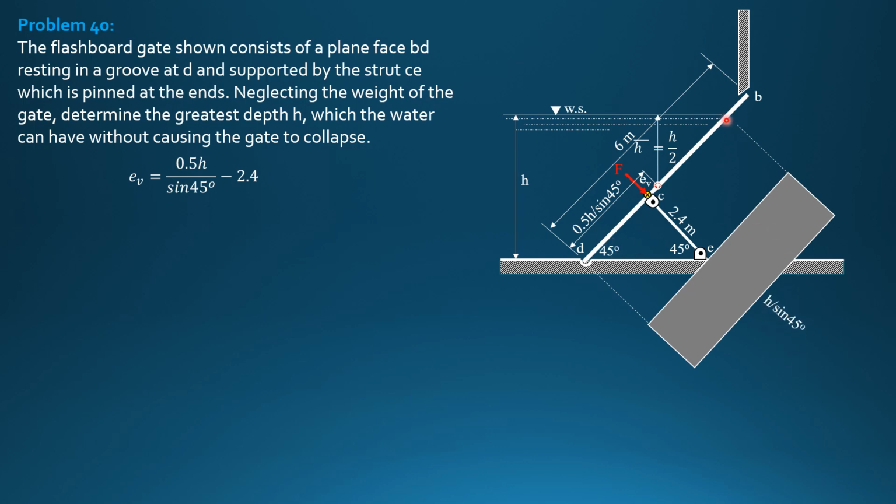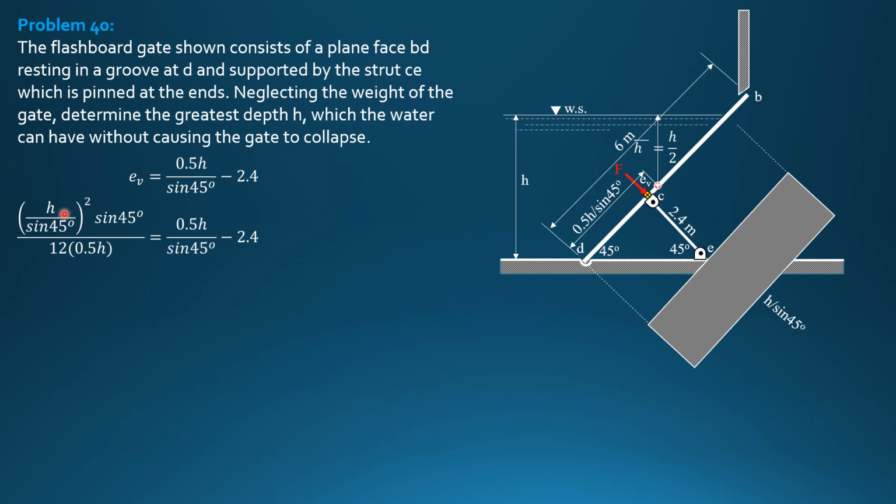Sine 45 is opposite h over hypotenuse, so the hypotenuse is h over sine 45. So substitute into the formula: height squared times sine of 45 over 12 h bar, where h bar is h over 2, or 0.5 h, equals 0.5 h over sine 45 minus 2.4, because CD is also 2.4.